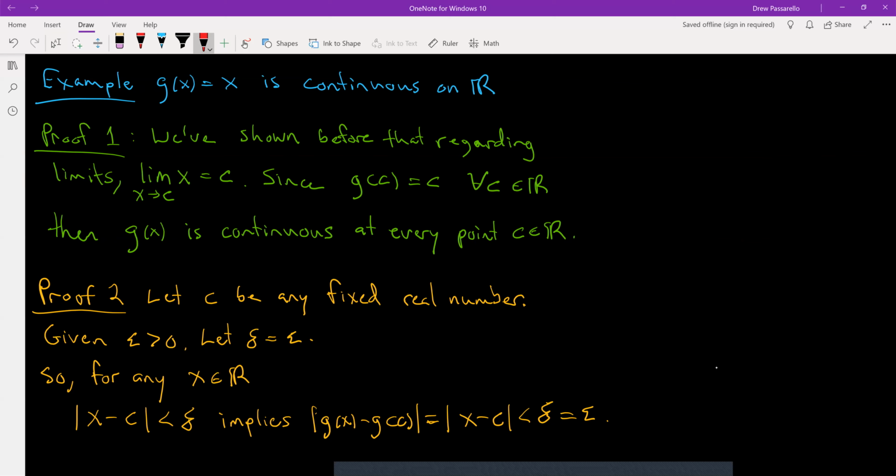And x minus c we know is less than delta, and since delta is equal to epsilon, then this absolute value difference is going to be less than delta equals epsilon. All right, so this is just using the definition. And our first proof was using examples of limits that we've already proved.